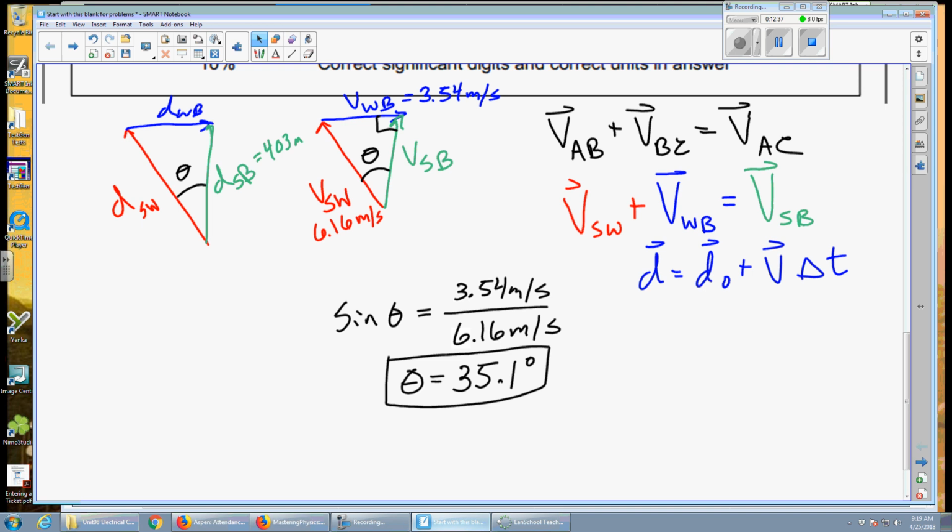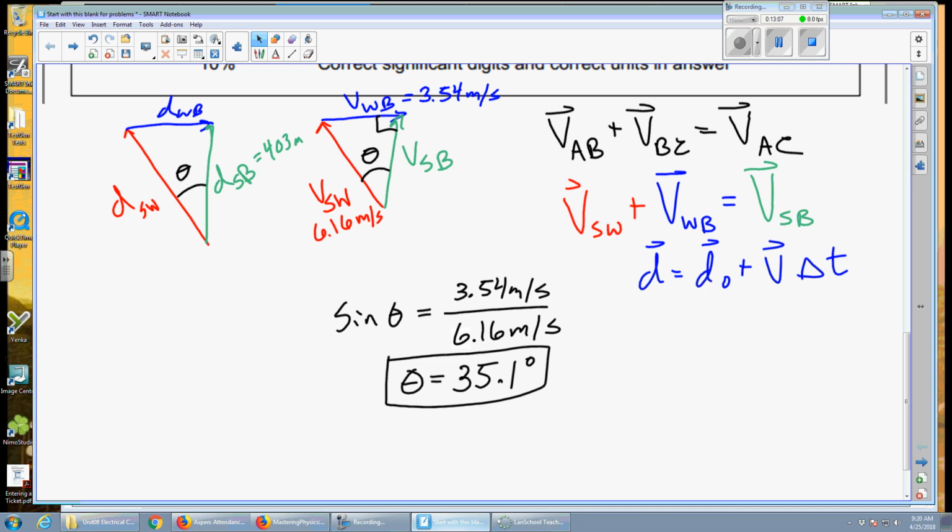Then I'm home free. So I know the green displacement, 403 meters. I don't know the green velocity, but I could find it. I don't know the red displacement, but I know I could find it, and then I could use the red velocity, which I know. Or, since I know the blue velocity, I could find the blue displacement, and then use the blue velocity to find the time.